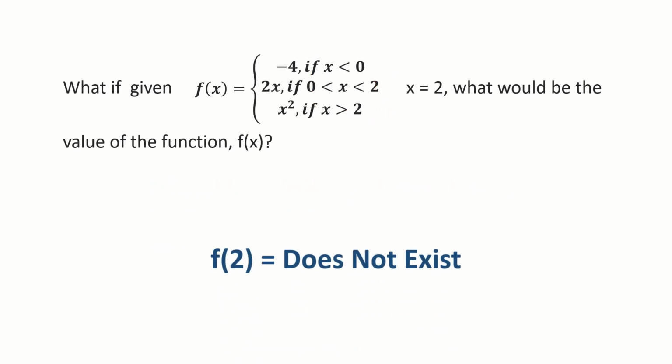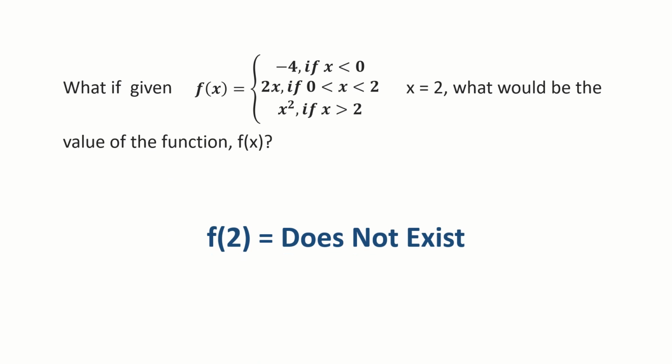So f of 2 does not exist because 2 is not part of the domain of our given piecewise defined function. So in our previous lessons, we learned that not all of the values can be part of the domain and range of a function. So in this example, 2 is not a part of the domain of the function. So therefore, we don't have a value if our x is equal to 2.